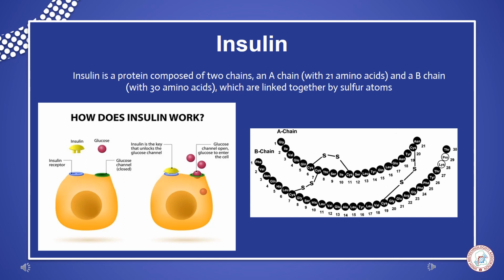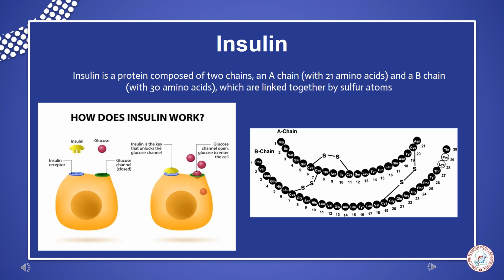First we will briefly discuss how insulin works. Insulin is a protein hormone, comprised of two chains A and B, linked together by disulfide bridges.